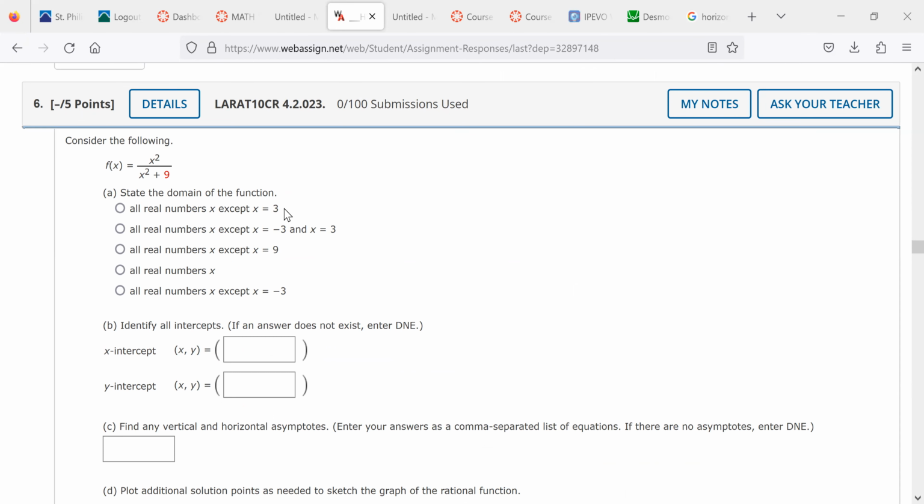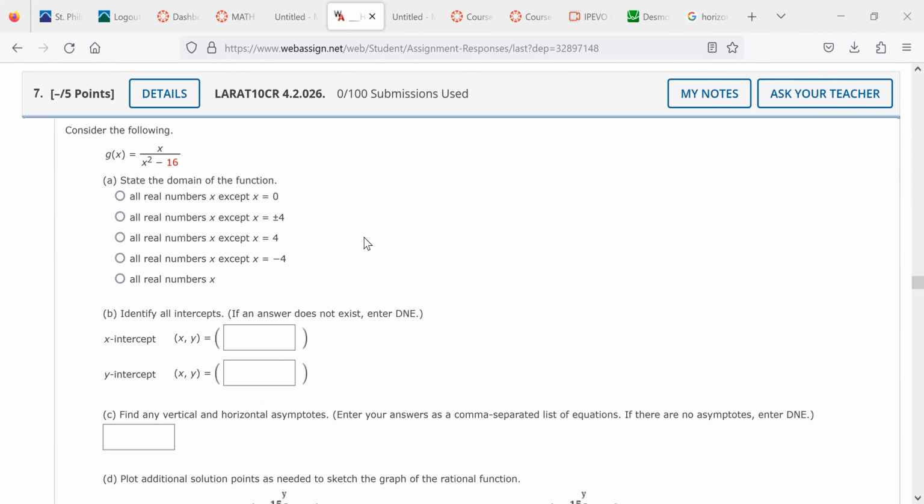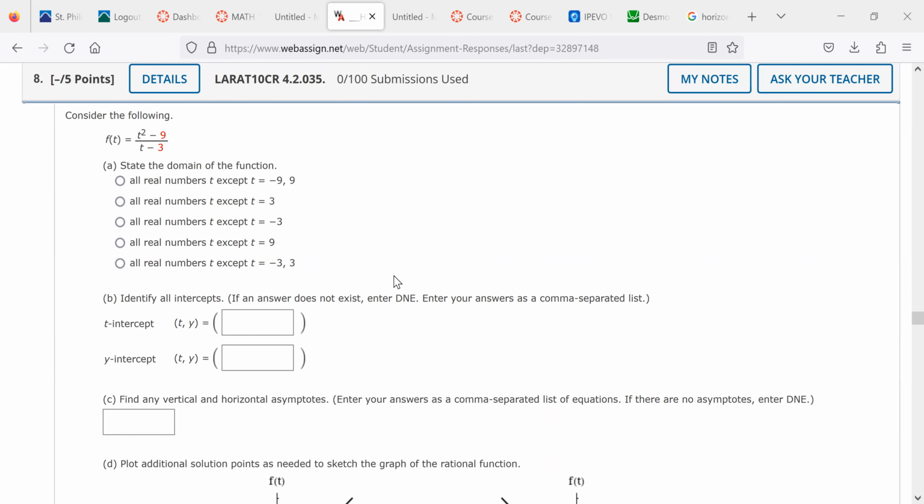They seem to all be the same so far. Let's see, maybe at the bottom they change. Really?